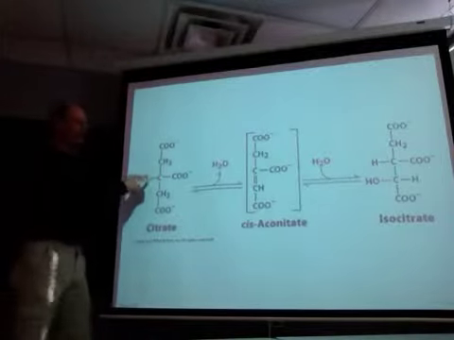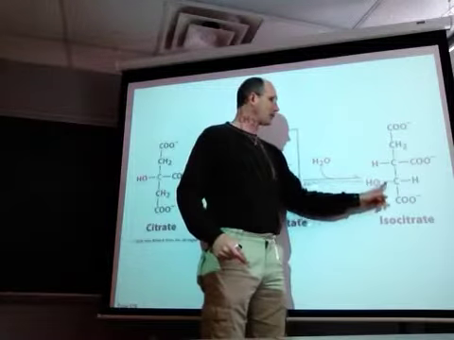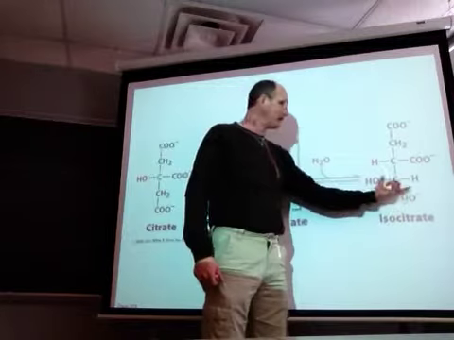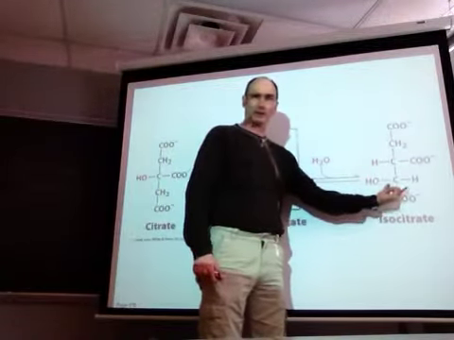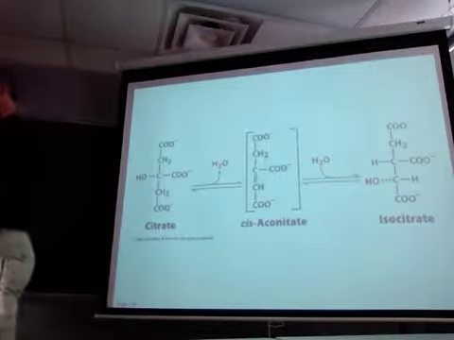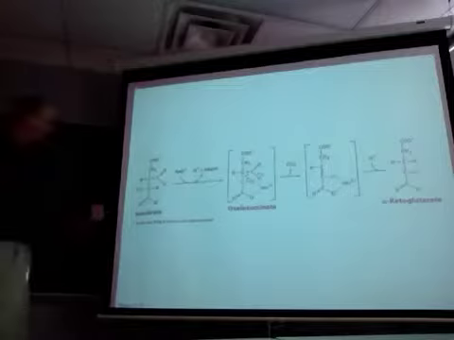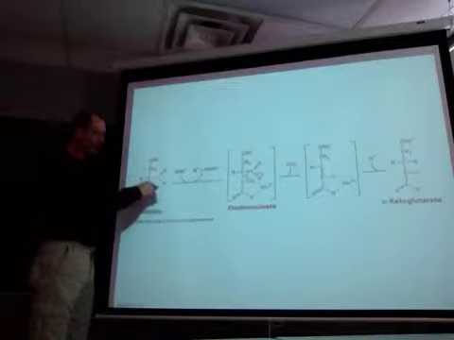So one thing we get by moving the hydroxyl group here is we put the hydroxyl group on a carbon that has a hydrogen, which means that group becomes easier to oxidize. That's one reason why we needed to move that. And so here's our isocitrate, here's our hydroxyl group on a carbon with a hydrogen.